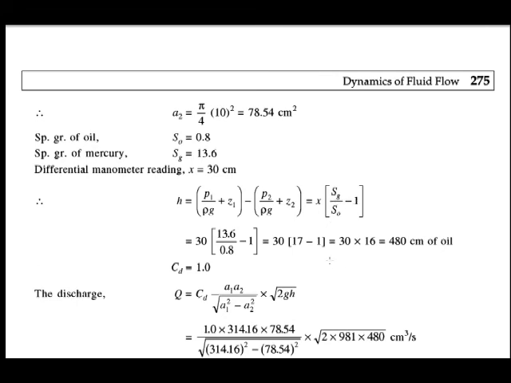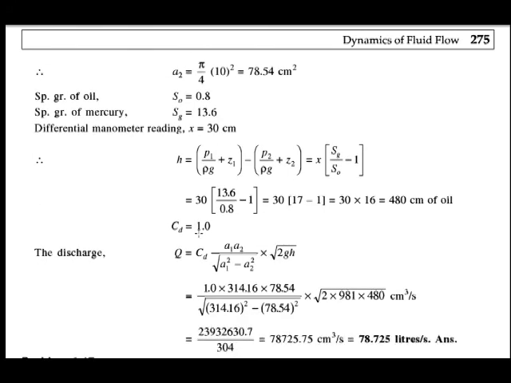Now put all the values into this equation. So 30 into (13.6 upon 0.8 minus 1). So we will get the value of H as 480 centimeter of oil. Value of CD they have given as 1.